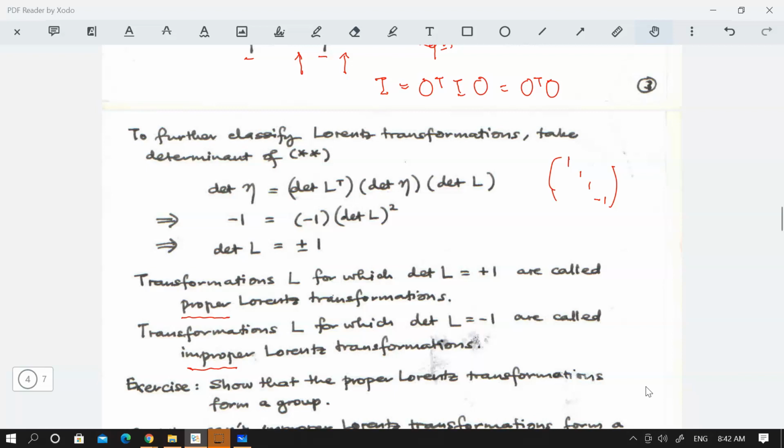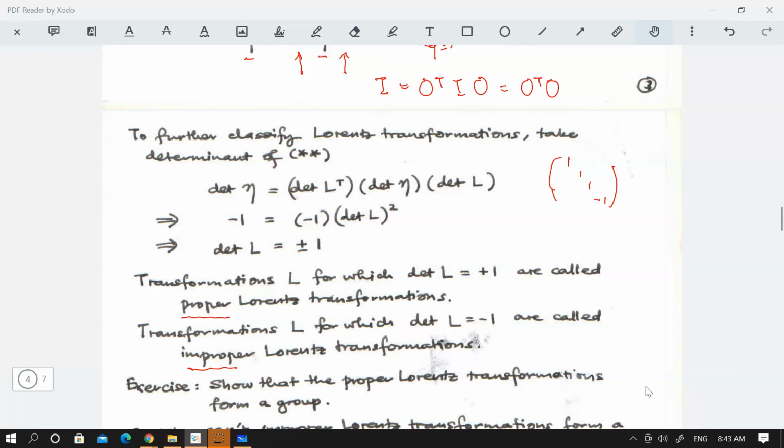Just like in the case of the orthogonal transformation, if we take the orthogonal transformation with determinant 1, we call that the special orthogonal transformation, or the rotation group in that particular case. The ones with the minus sign don't form a group by themselves, because an orthogonal transformation with minus sign gives you a reflection, and reflection times reflection does not give you a reflection.